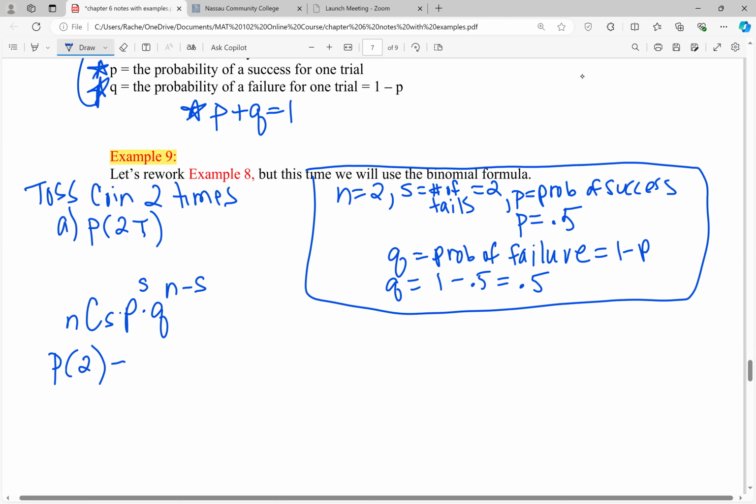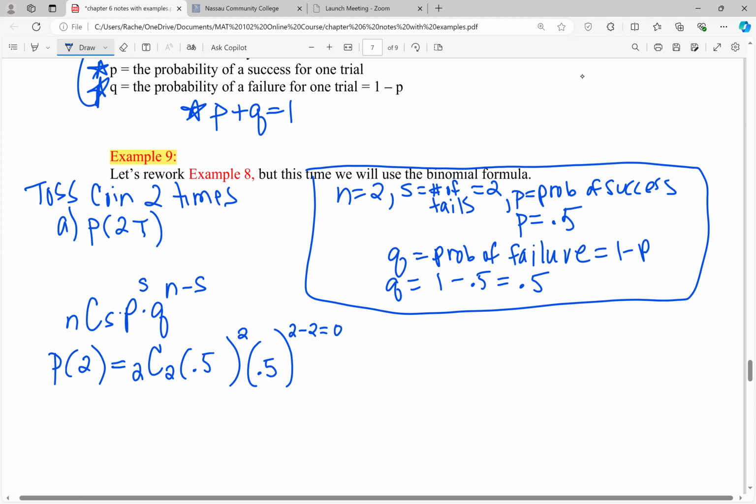So P of 2 is going to be equal to n choose s, and I'm going to show you how to find n choose s in a minute. So n is 2, so we're going to have 2 choose s, which in this case is 2. We're going to multiply that by p, which is 0.5, raised to the s power, which in this case is 2, times q, which is 0.5, and we have to raise that to the n minus s, where n is 2 and s is 2. So 2 minus 2, which is equal to 0.